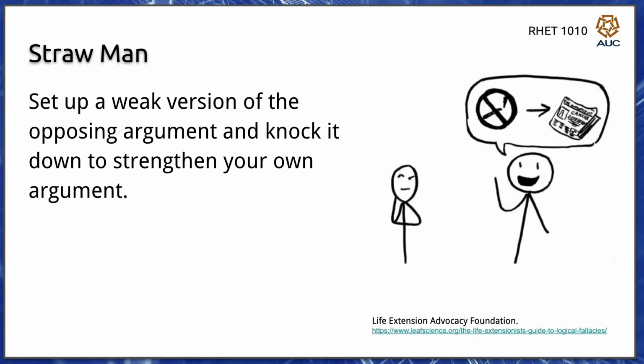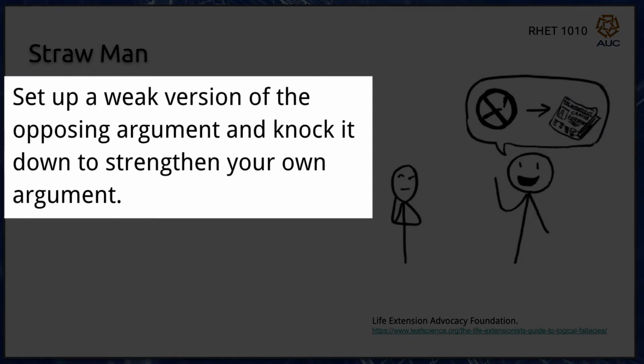Take a look with me at this one. This one is called the straw man. It's a very well-known and very common type of logical fallacy. In it, what you do is you set up a weak version of the opposing argument and then knock it down to strengthen your own argument.